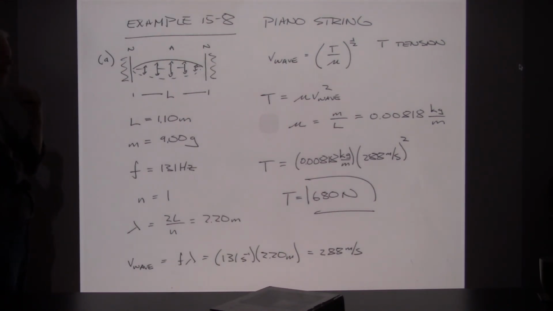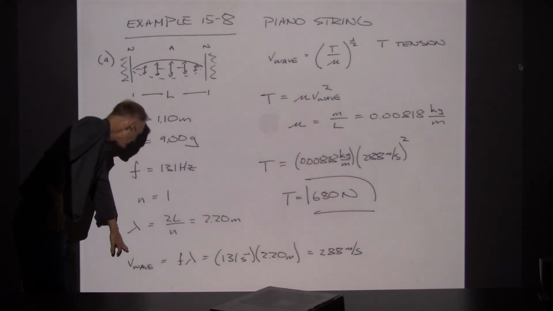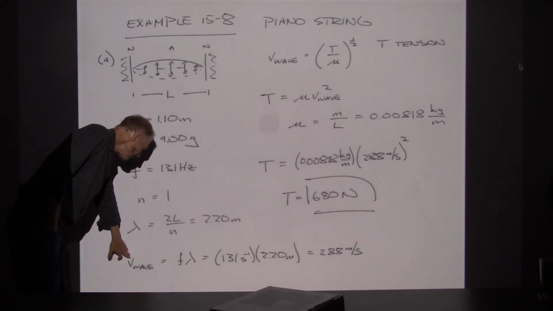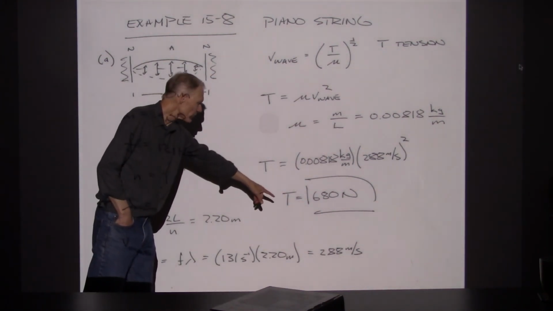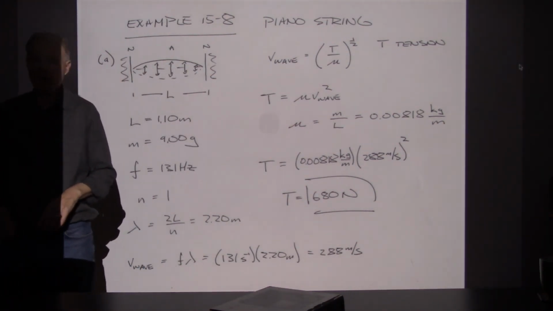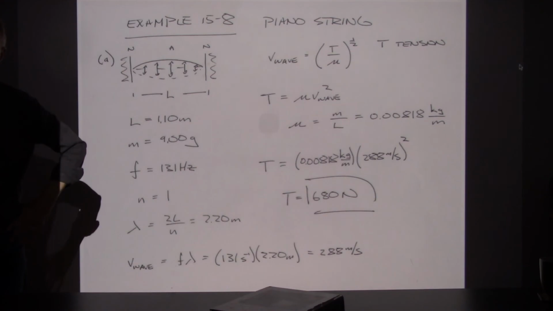Now the wave speed, when we used this formula, the wave speed is equal to the frequency times the wavelength. I plug those numbers in and I find out the wave speed is 288 meters per second. And then that gives me pause because I think it's a standing wave. It doesn't have a wave speed, or does it?